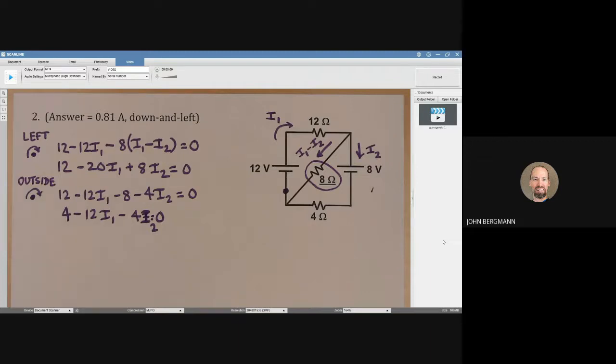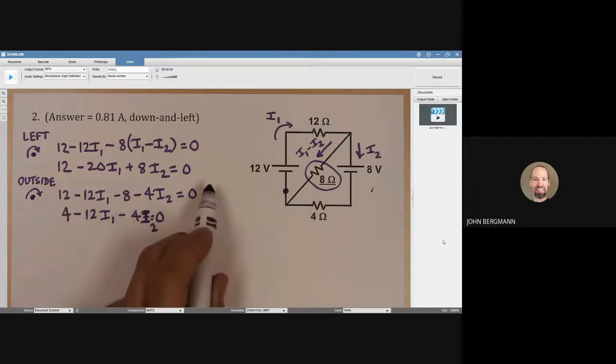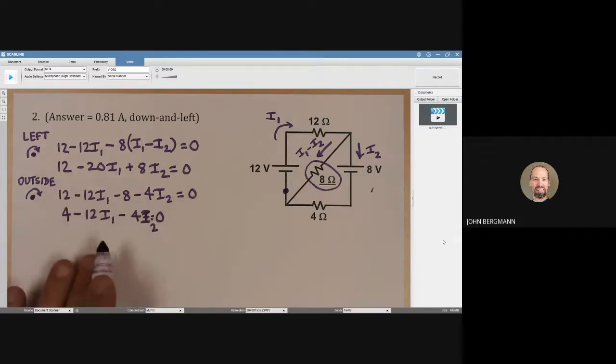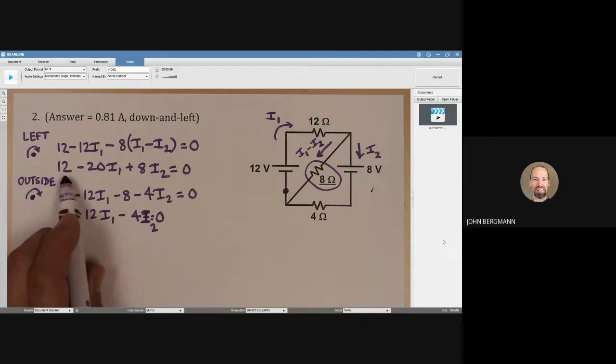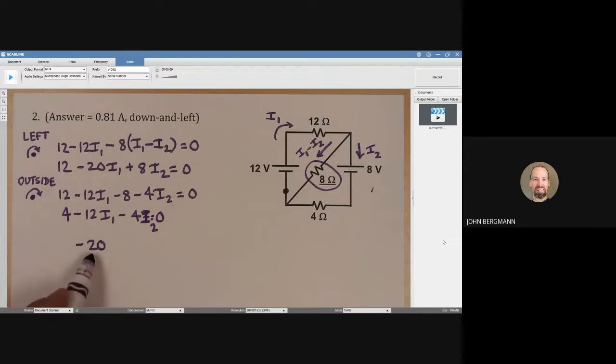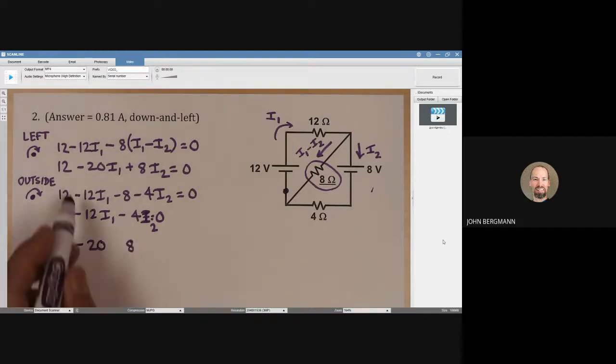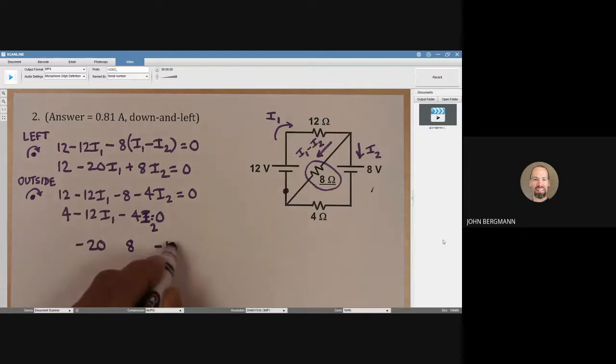Okay, let's write our system of equations. We have to have the constants on the right and all the variable stuff on the left. I'm going to move this 12 over to that side. So there's my I1 number, negative 20. There's my I2 number, 8. And then I've moved the 12 to the other side, so minus 12. This side, we'll do the same thing.